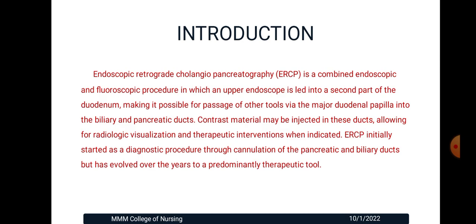Contrast material may be injected in this duct, allowing for radiological visualization and therapeutic interventions when indicated. ERCP initially started as a diagnostic procedure through cannulation of the pancreatic and biliary ducts, but has evolved over the years to a predominantly therapeutic tool.